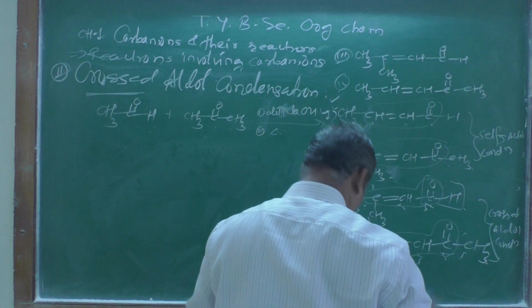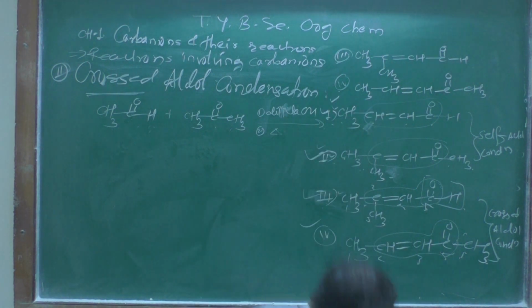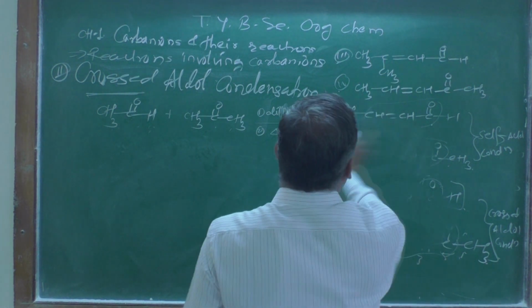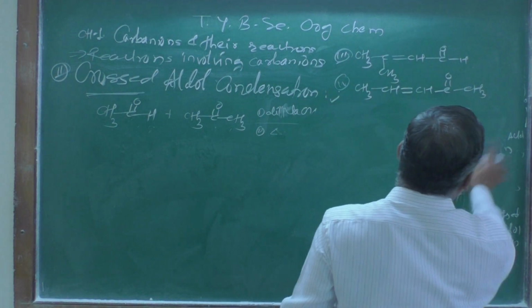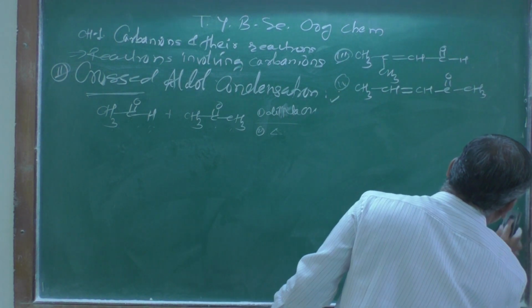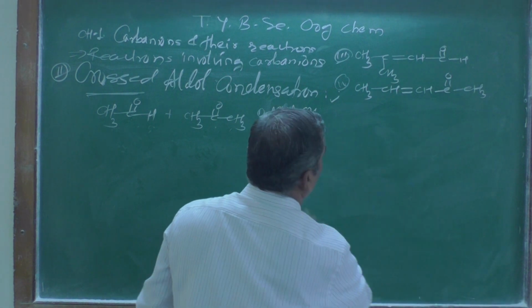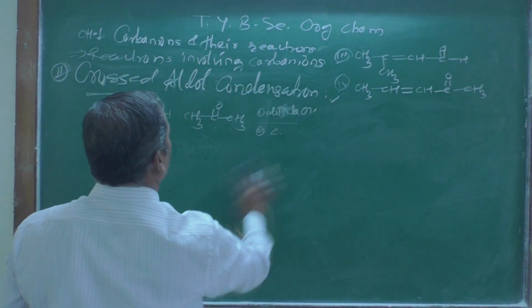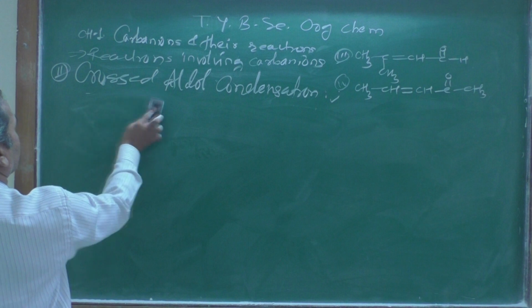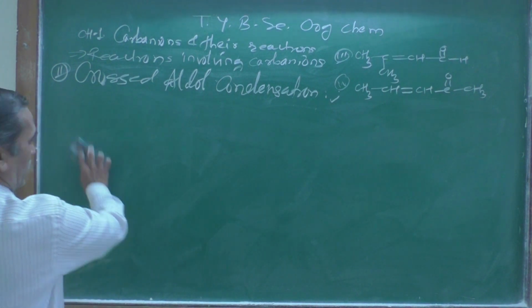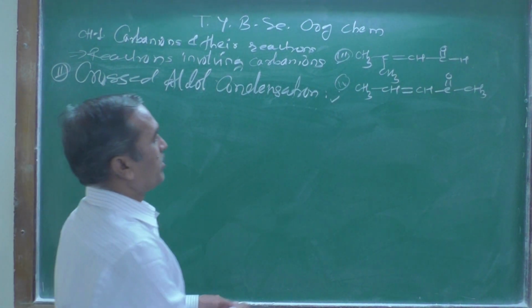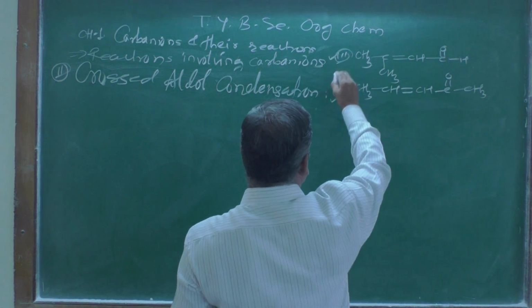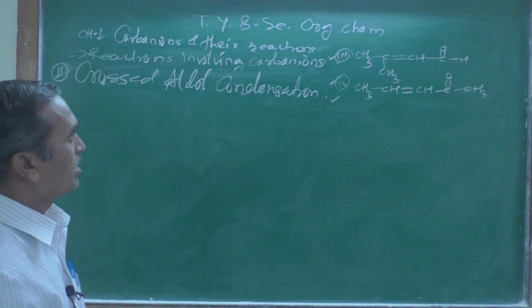Now I am cleaning the board so that we can write the mechanism more clearly, so that you can understand how we are getting the third product. Now let us begin, because the first and second we have seen that is a self condensation, now it is a cross.